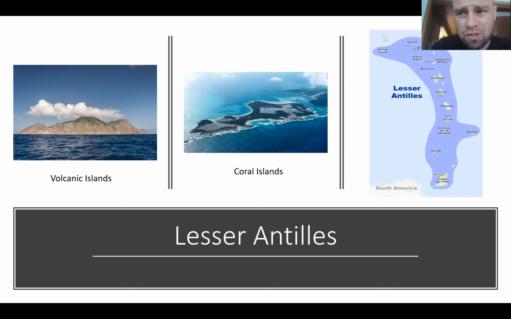That's actually a picture of Ceiba. And there are also a number of coral islands in the Lesser Antilles. So coral islands are essentially buildups of ancient coral reefs. There are these lower lying islands. They're often bays and such. The point being is we have a mix of volcanic islands with volcanic resources and coral islands in the Lesser Antilles. I think Trinidad and Tobago is its own kind of thing related to the mainland.